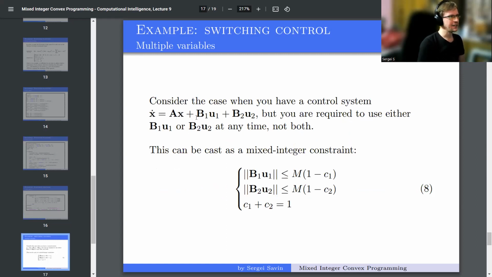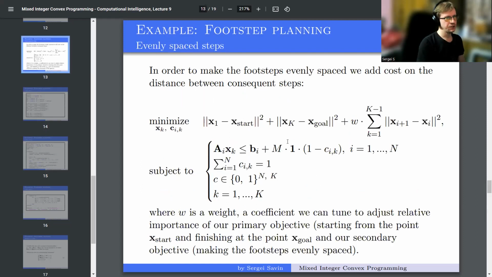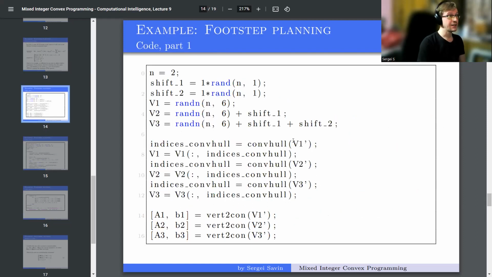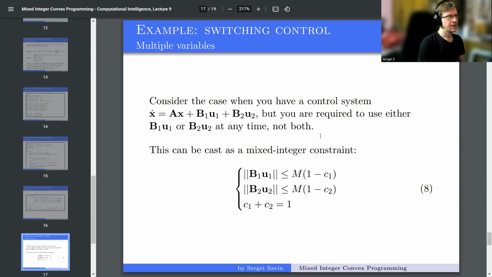I showed you how to relax inequality constraints. So those were inequality constraints, remember, that we relaxed. Sometimes you want to relax equality constraints. For example, let's say your control input is equal to either B1 U1 or B2 U2. It is equal to either one or another, okay?